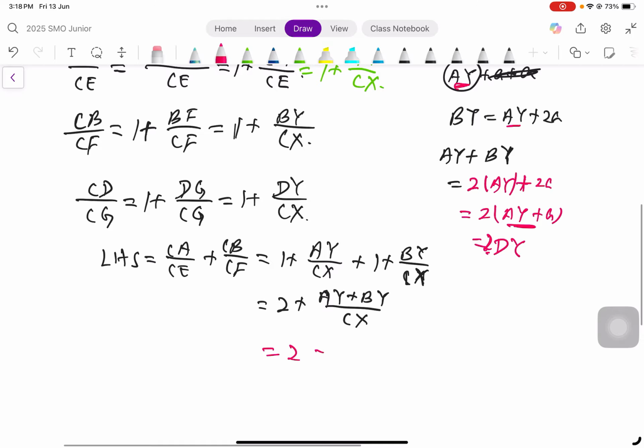Therefore this becomes 2 plus twice DY divided by CX.